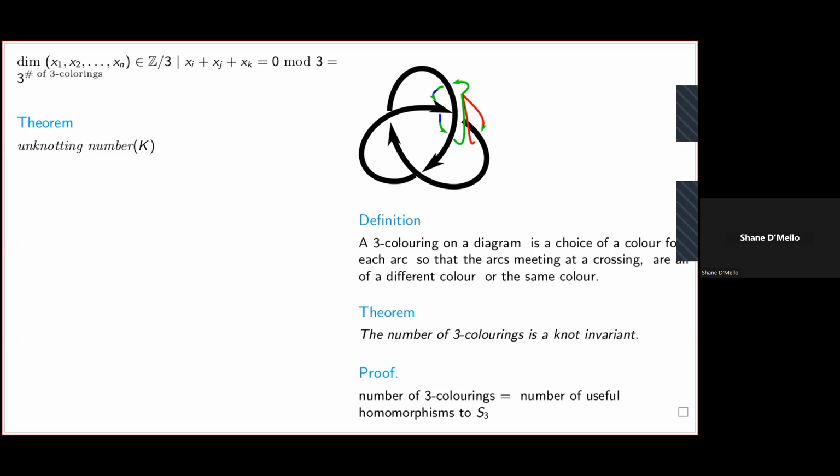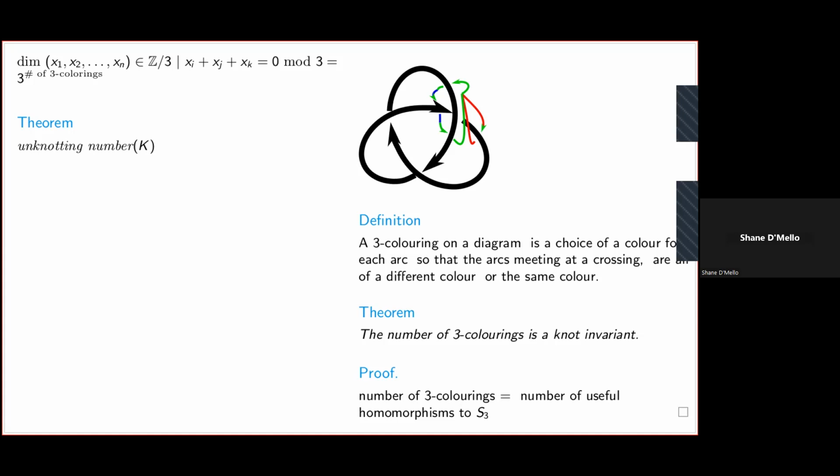So if a knot has unknotting number 1, it means there exists some diagram of the knot, so that when you make one single crossing change to that diagram, it becomes the unknot. Now it's easy to see that you can always get a bound on the unknotting number. Supposing you have a particular diagram, then its unknotting number is an upper bound for the unknotting number of the knot, because we don't know whether a simpler diagram exists out of all the infinite possibilities.